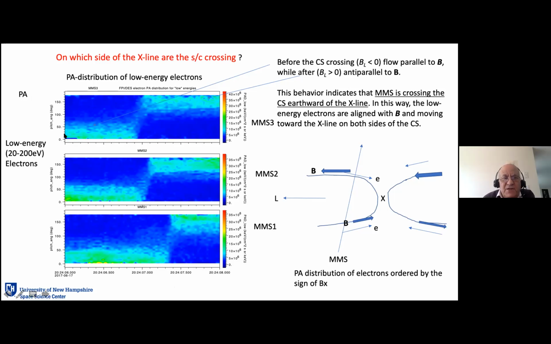You see that initially they are flowing parallel to the field, and afterwards they are flowing anti-parallel to the field, which means that the crossing MMS did is on the earthward side of the X line.